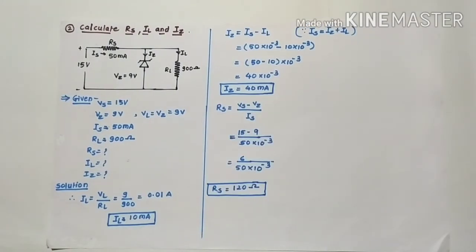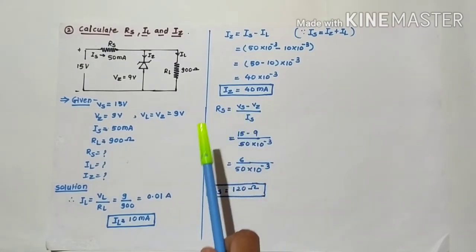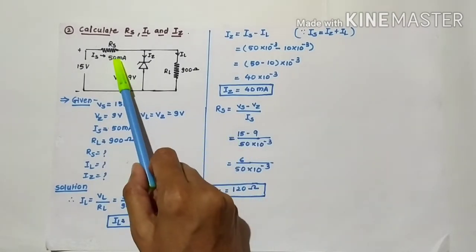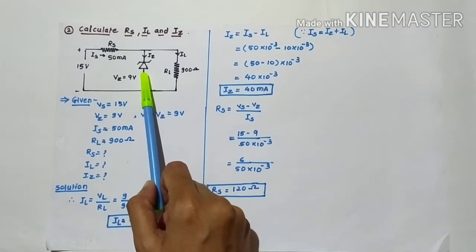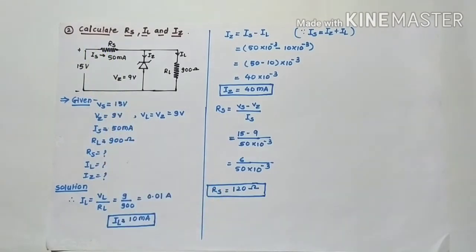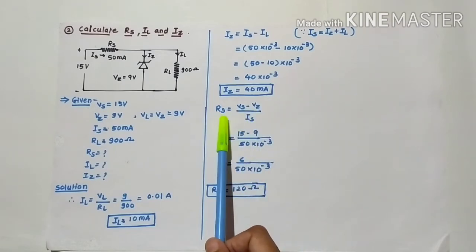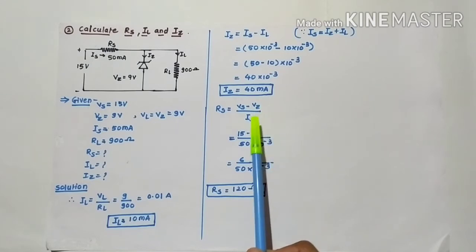Now we have to find out the last term, that is the series resistance. By using Ohm's law, the difference of the voltage across this series resistance and the voltage drop across the Zener, upon the current through the series resistance, gives the value of the series resistance. Therefore Rs is equal to Vs minus Vz upon Is.